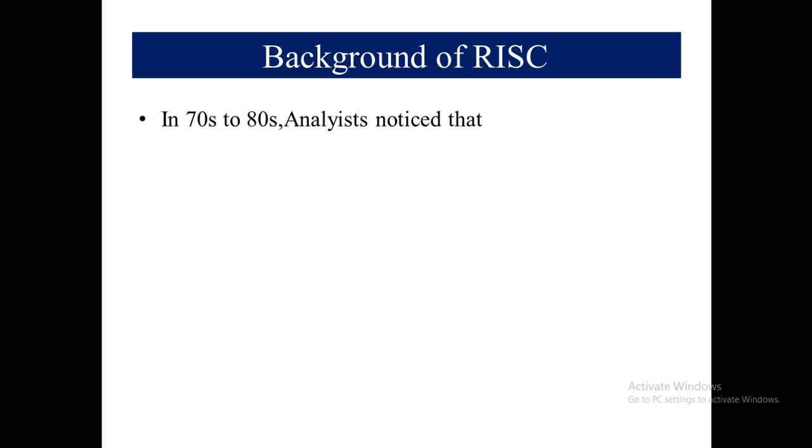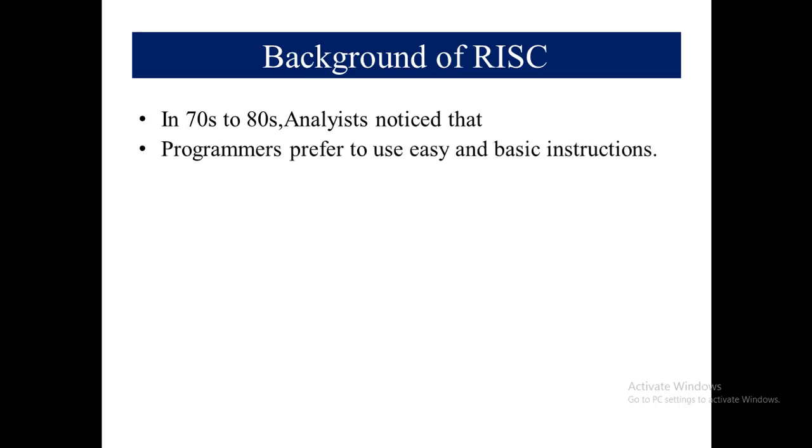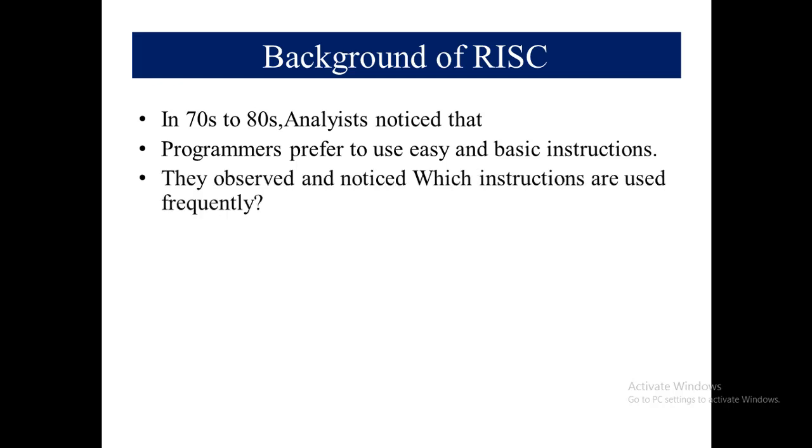Between the 70s and 80s, analysts noticed that programmers prefer to use easy and basic instructions as compared to complex instructions. They observed which instructions and which operations are used frequently.